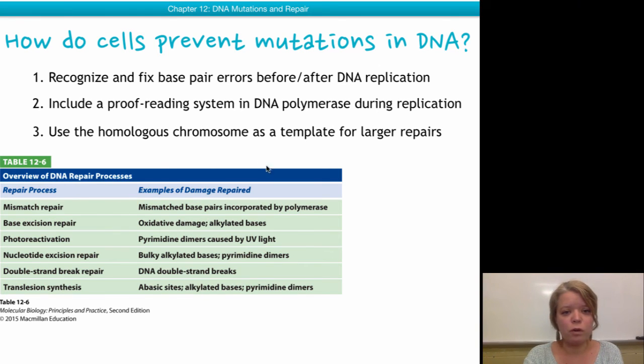For all of these different types of DNA damage, there are different repair processes that involve multiple enzymes. Your book specifically mentions that DNA repair mechanisms are among the most energy costly in the cell.